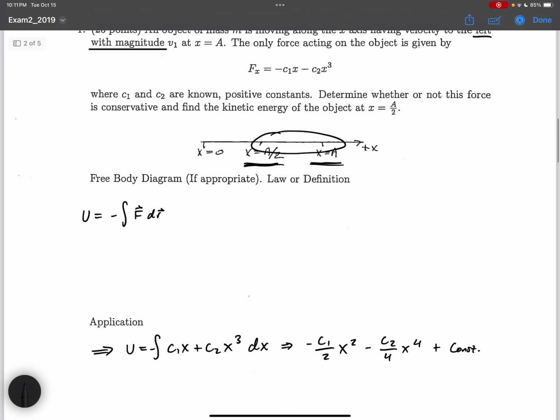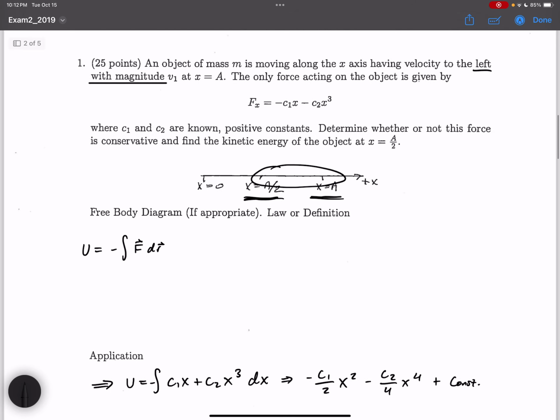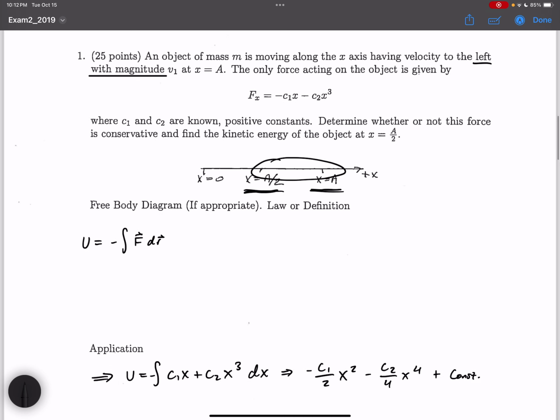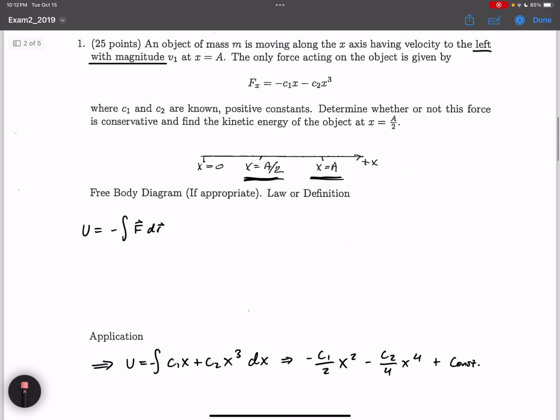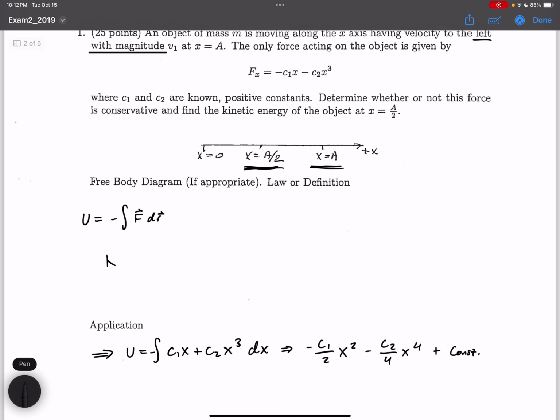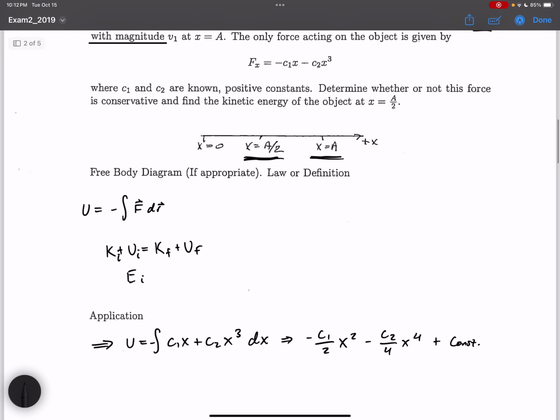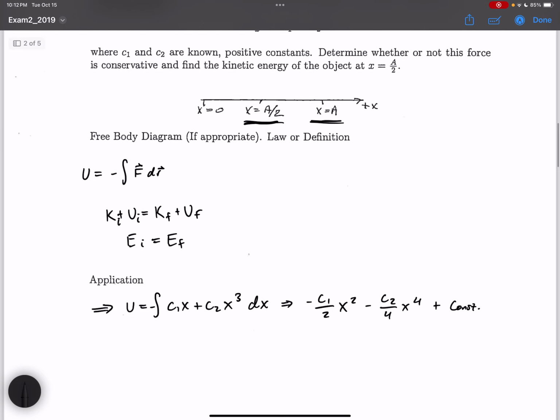The law we're going to use for that is the law of conservation of energy, since we only have this one force working on this object, and we know it's conservative. That's K plus U equals K final plus U final. That might be an incorrect way of saying it, but that's basically just saying E initial equals E final, and energy equals kinetic plus potential energy.